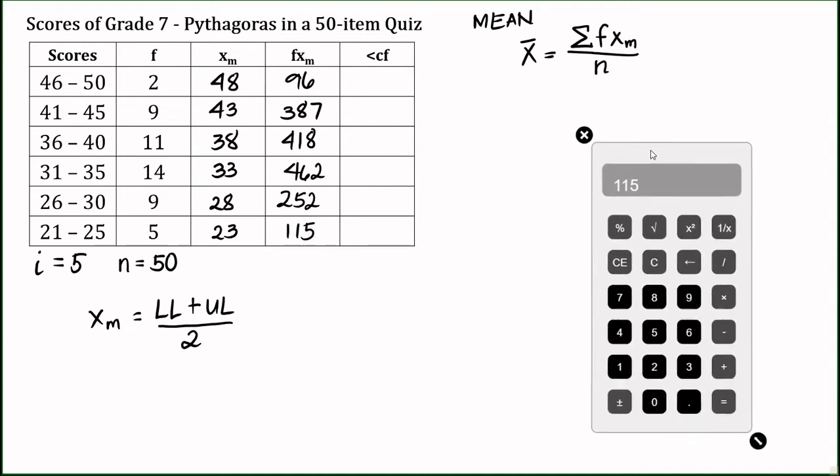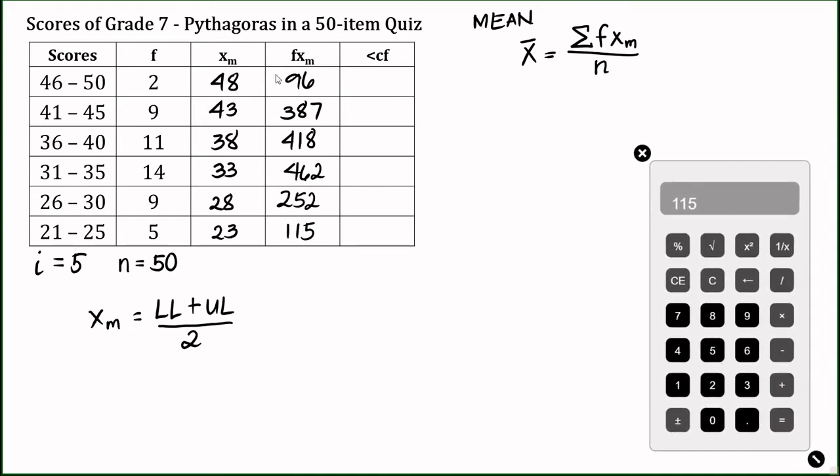Okay. So, dahil po kumpleto na po yung ating fourth column, pwede na natin kuhanin ngayon yung sum ng fx sub m.